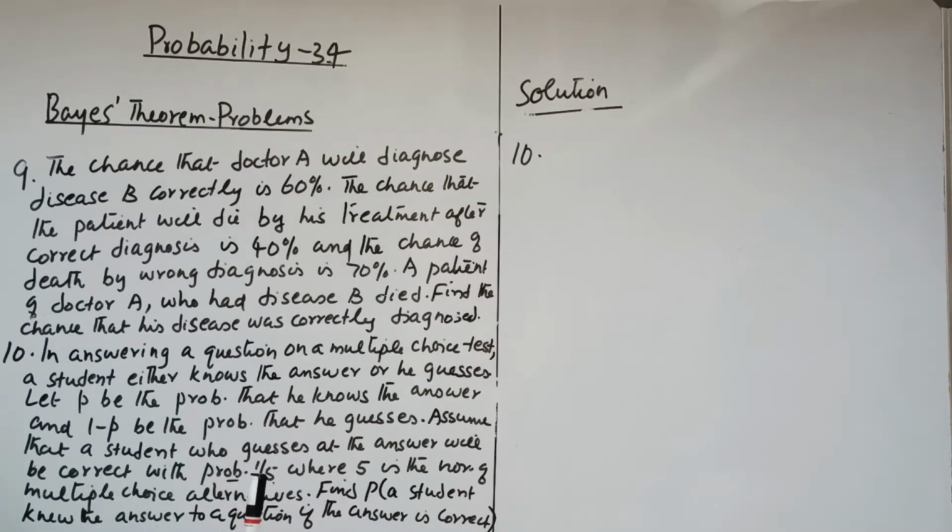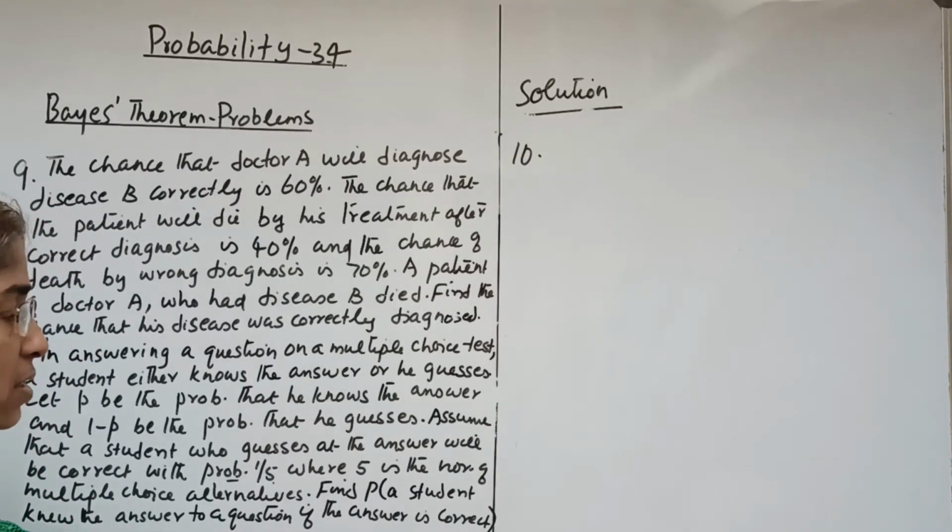Assume that a student who guesses at the answer will be correct with the probability 1 by 5, where 5 is the number of multiple choice alternatives. Find the probability a student knew the answer to a question if he answered the question correctly.